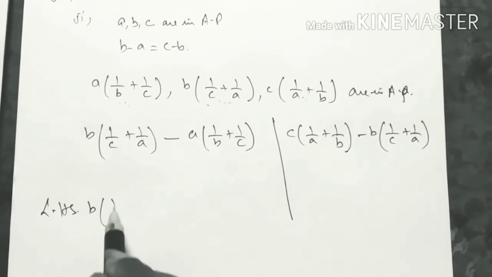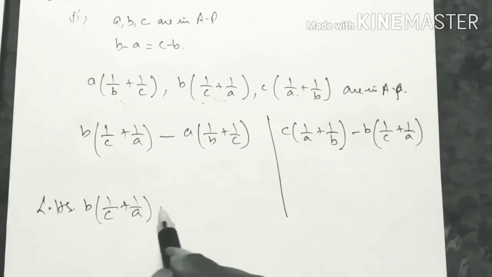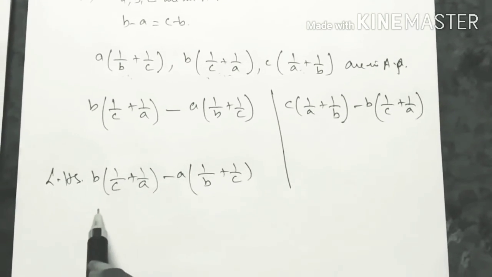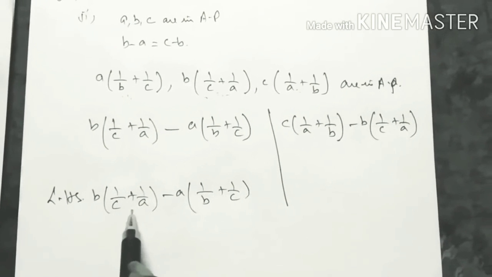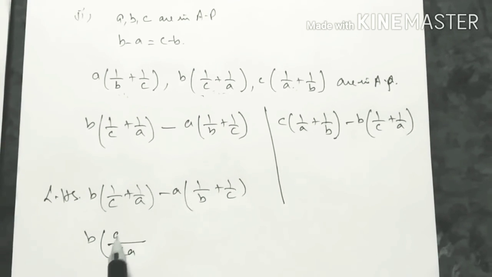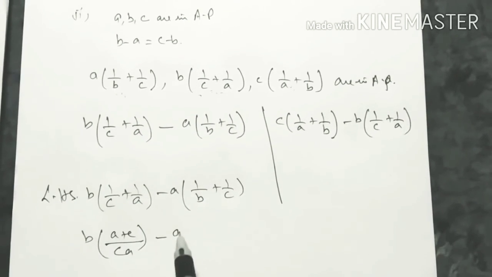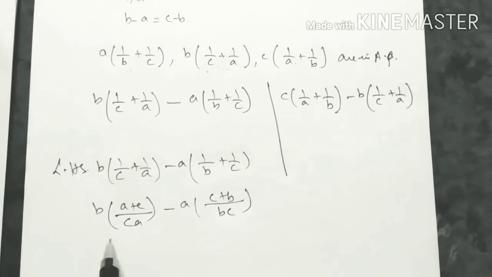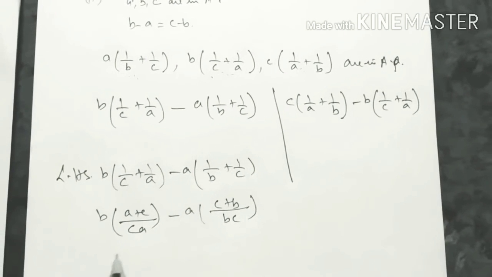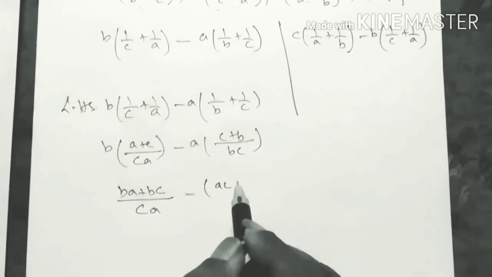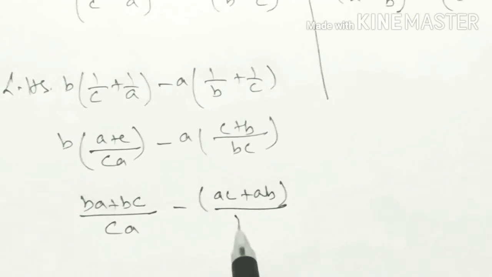This is B bracket 1 by C plus 1 by A minus A bracket 1 by B plus 1 by C. Here, what do we find here? Let me take the LCM. B, CA, that is A plus C, and here A, LCM BC, that is C plus B. So this comes out to be BA plus BC by CA minus AC plus AB by BC.